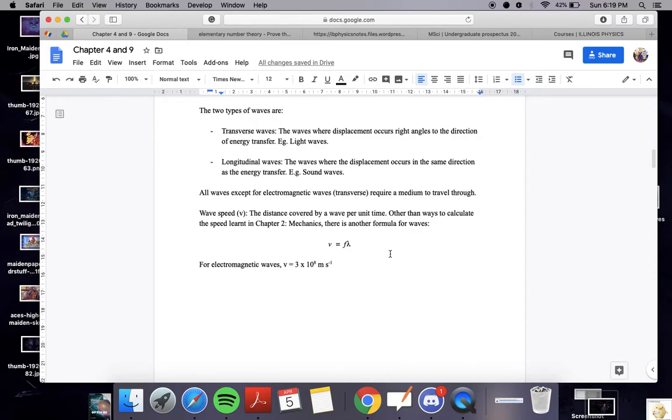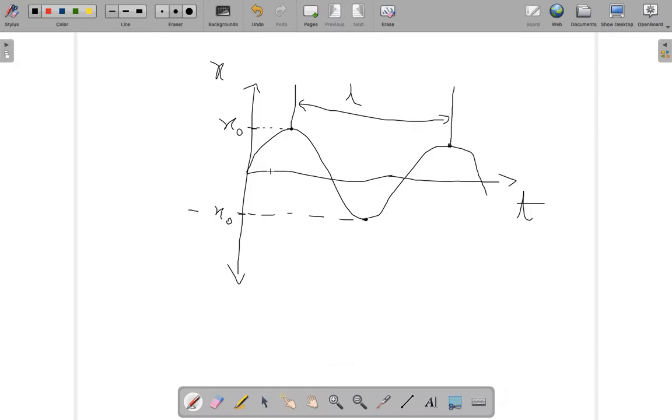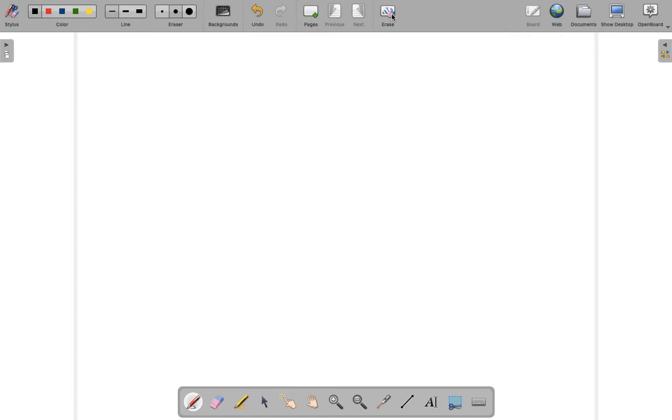So now transverse waves are waves where the displacement occurs at right angles to the direction of energy transfer. So like this, we can say the energy is going this way, and it's going up and down towards this way. An example of this would be light waves.